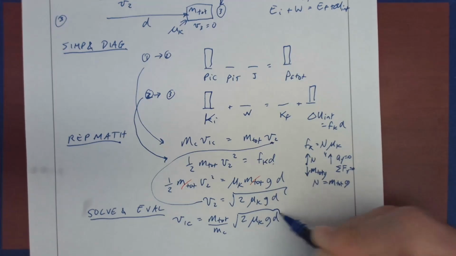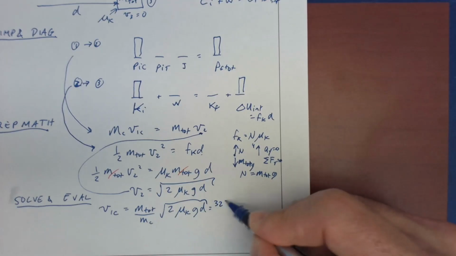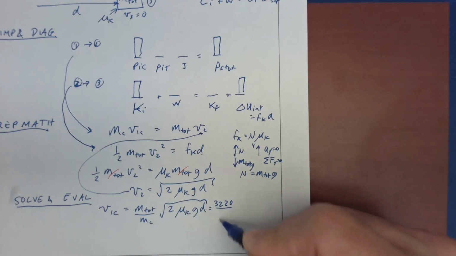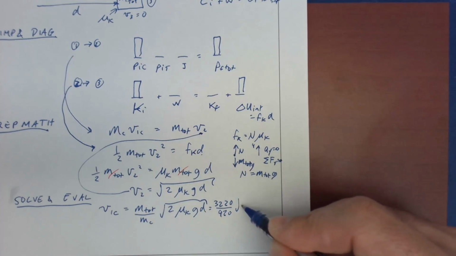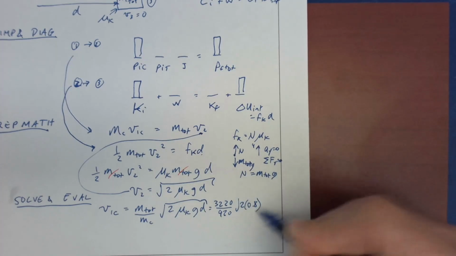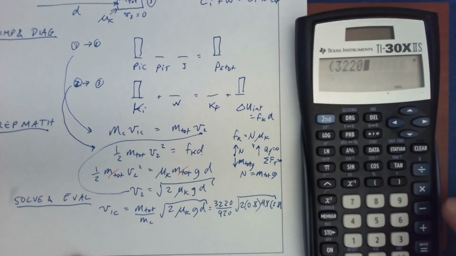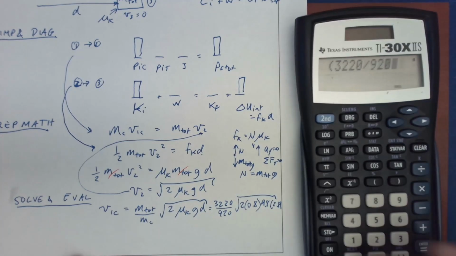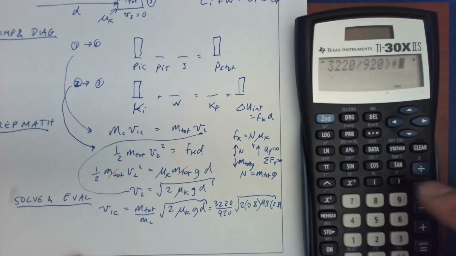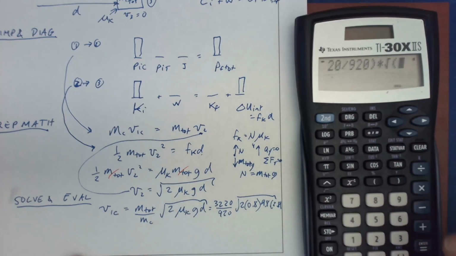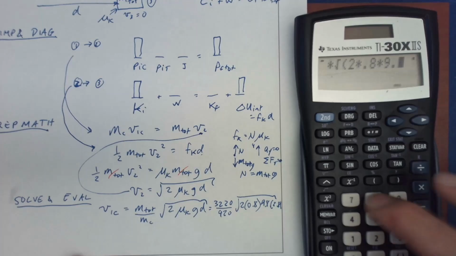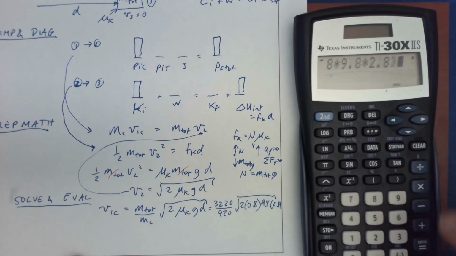I think we have all these numbers. 3220 kilograms for both the objects, 920 for the car, so 3220 divided by 920 times the square root of 2 times 0.8 times 9.8 times 2.8.